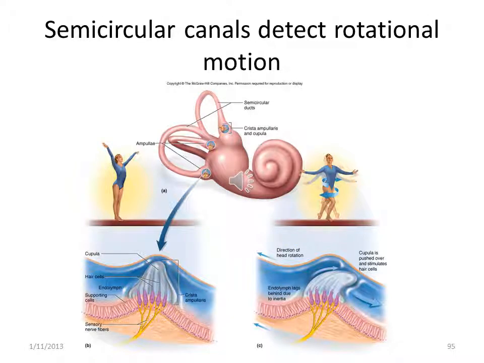The semicircular canals detect rotational motion, as is shown by the gymnast spinning around in a circle. So together, the utricle and saccule and the semicircular canals provide the brain with information about the position and the movement of the head that is essential in enabling us to maintain balance.